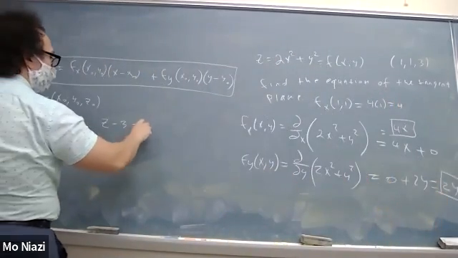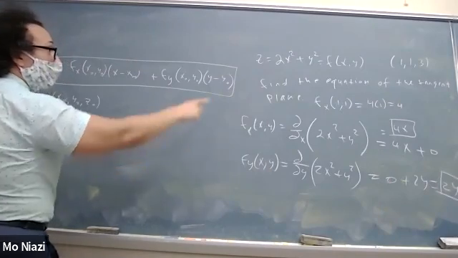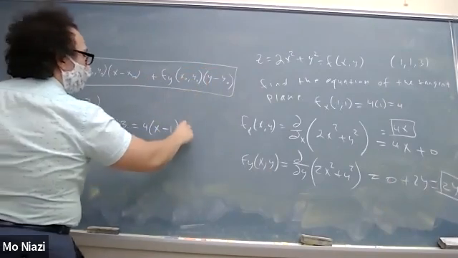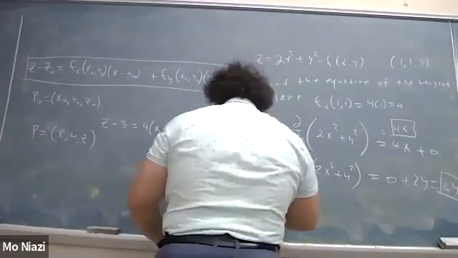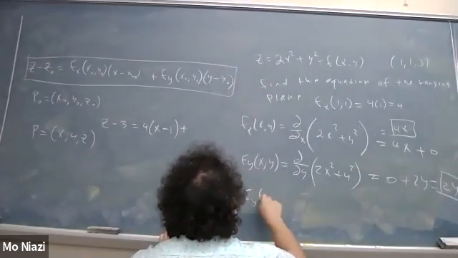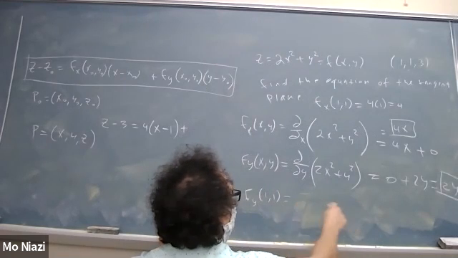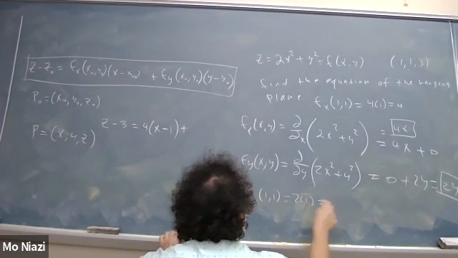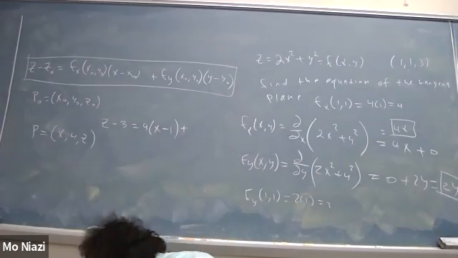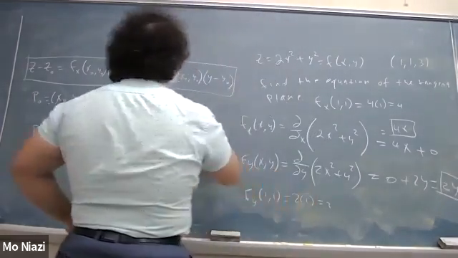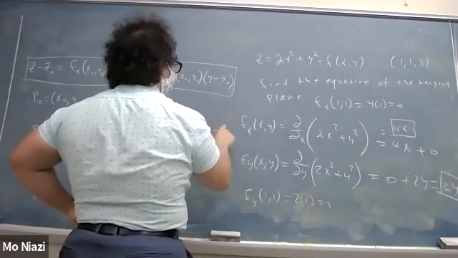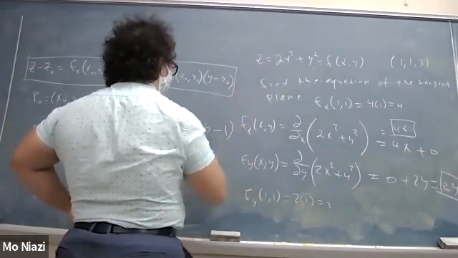This goes here. X minus my x naught, which is 1, plus, what is my f of y? F of y, 1, 1, is my 2 times the 1, which is 2. So we get that is equal to 2 times y minus y naught.